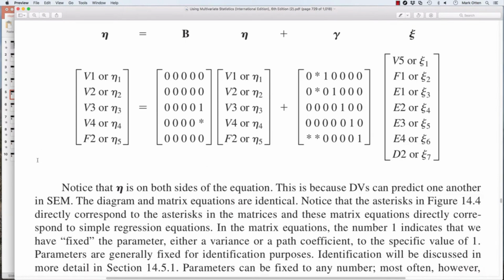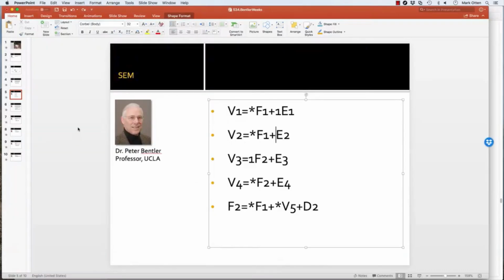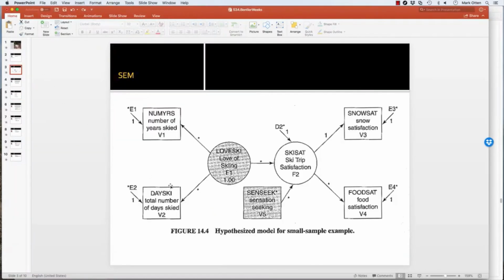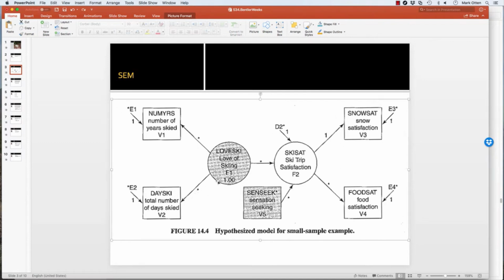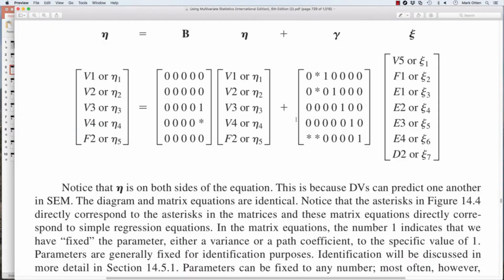So V2 and F1 is a star. So let's look back at that. V2 and F1 is the factor loading for F1 and V2 there. So that is the star that you see in the second column. Then there's a 0 for V2 and E1, and then there's a 1 for V2 and E2.